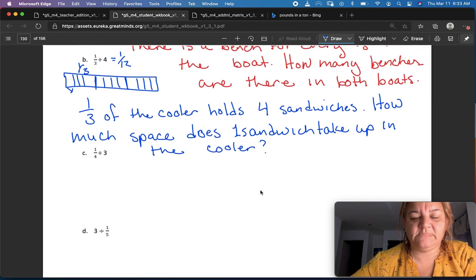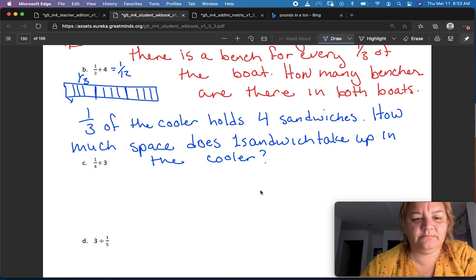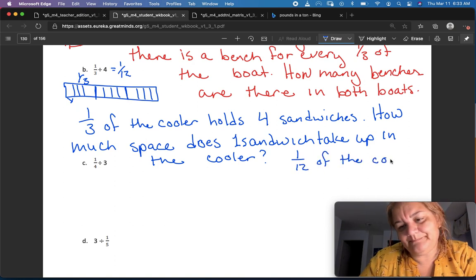Okay, so that would be 1/12 of the cooler, right? La cava. Excellent. Next one.